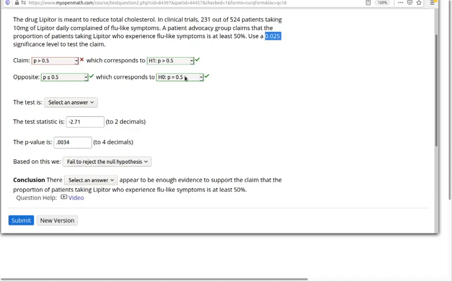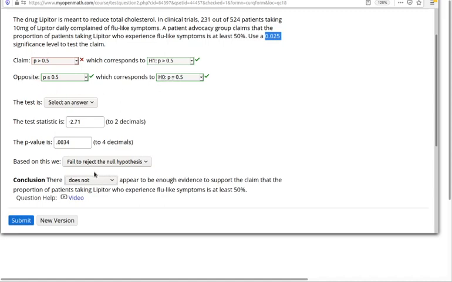However, if I fail to reject the null hypothesis, and the null hypothesis, in this case, I have it going with the opposite, now that should tell me that there is not enough evidence to support the claim, because I'm failing to reject the null hypothesis, which goes with the opposite.